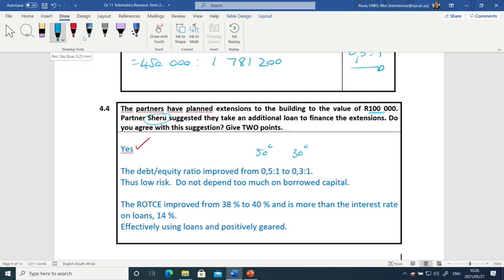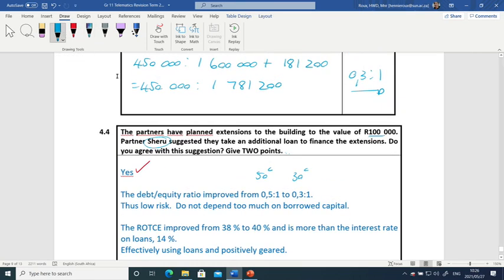Even if we borrow another 100,000, if you look at this ratio, then it will be 550 towards 1,781,200. So it is still low risk, still acceptable. This is after we borrow 100,000. You can show that calculation if you want to.